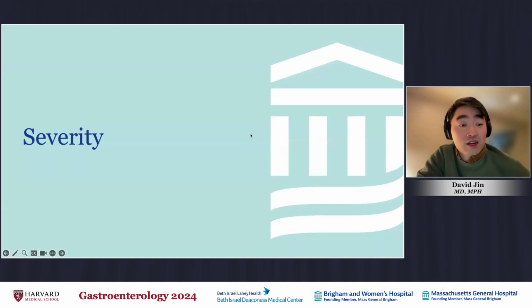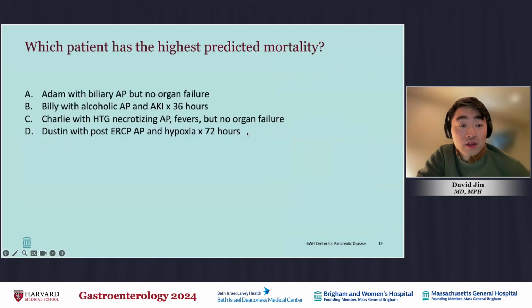Let's move on and talk about severity, starting with another question. Which patient has the highest predicted mortality? Is it Adam, who has biliary pancreatitis but no organ failure? Is it Billy, who has alcoholic pancreatitis and acute kidney injury for 36 hours?